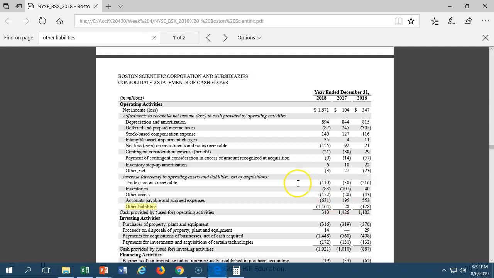We don't have enough time to read this entire report. However, I guarantee you, if you go read this report, it's going to be something in regards to litigation or something that happened. 2018 cash from operating activities decreased by 1.16 billion due to an IRS tax settlement.